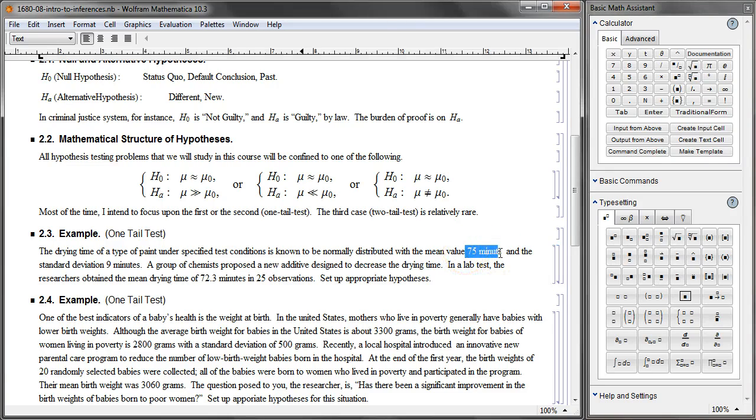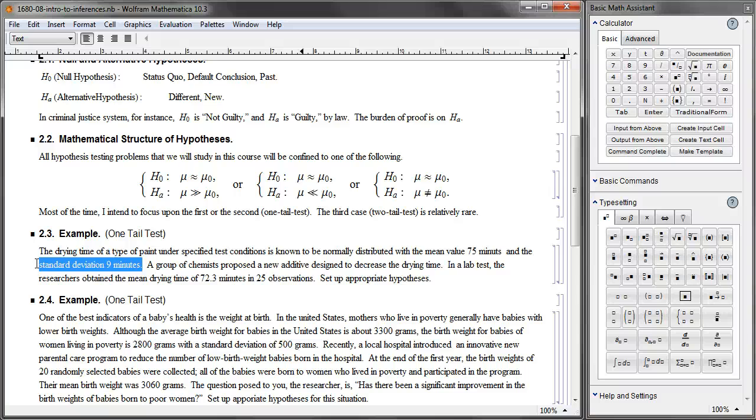And the standard deviation is 9 minutes. That's specifically assessed in that standard deviation, so that's not going to appear in setting up the hypotheses. I mean, here they're all about mu's, nothing about sigma, so that's going to be dead information as far as this problem is concerned.